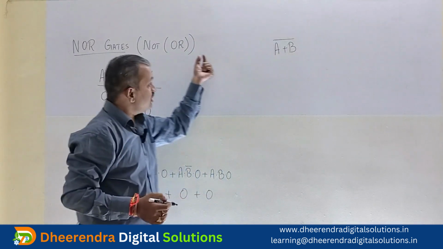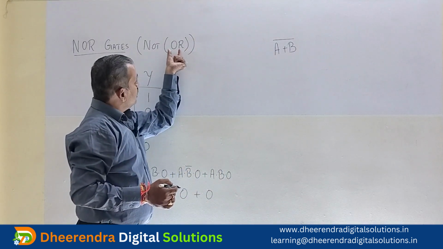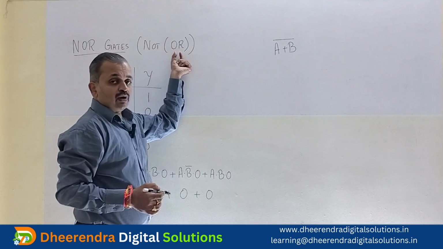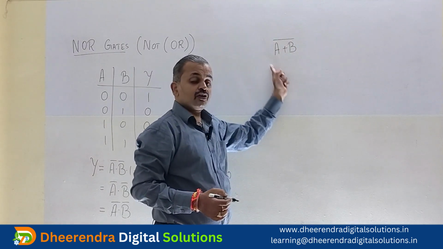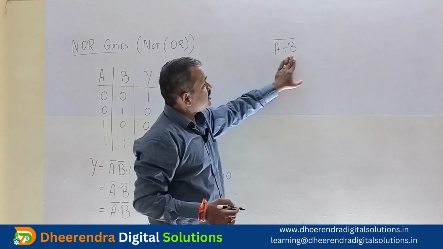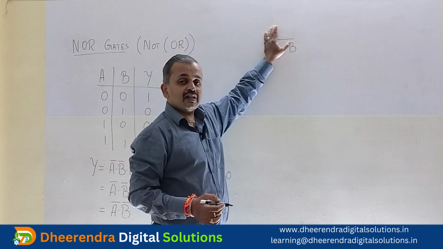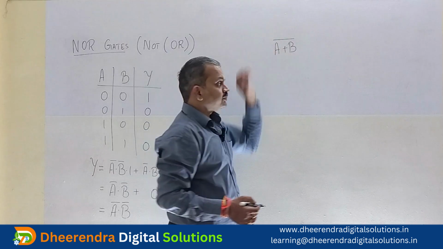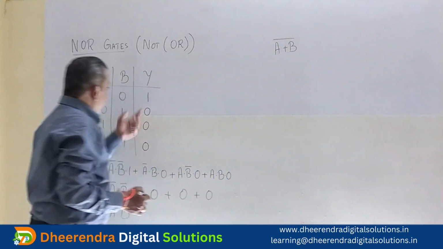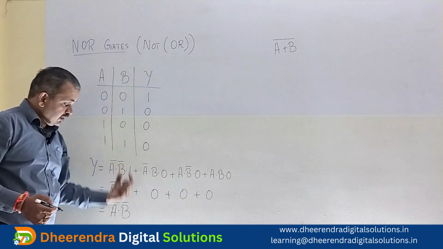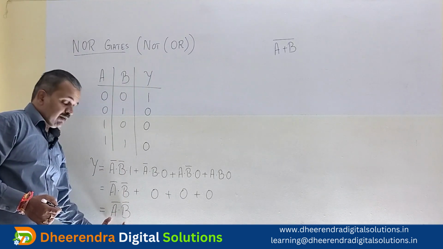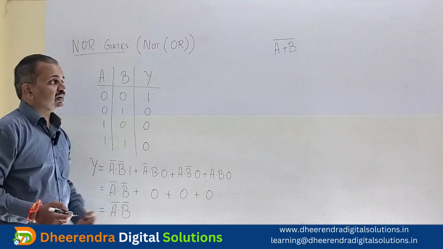By definition, we have NOTed the output of OR. The output of OR is A plus B, and we are doing the NOT operation on that. So it is (A plus B) whole bar that we get as the NOR gate. But by simplifying the truth table, which was generated out of the definition, we are getting the term as A bar dot B bar.